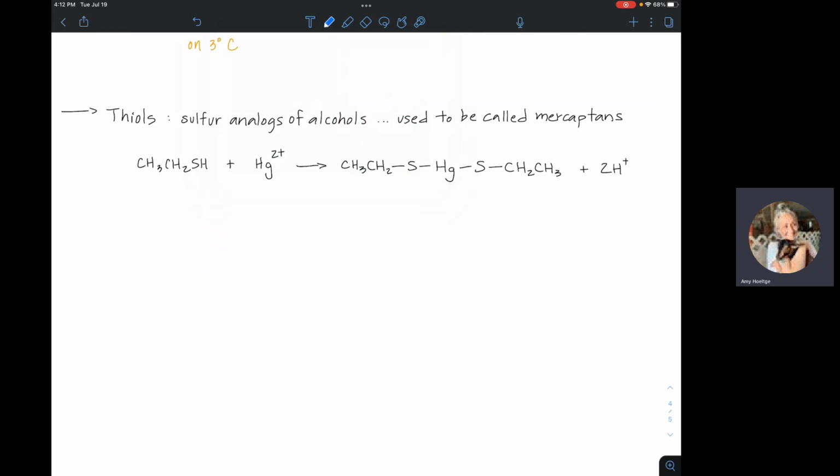Here's your thiol, or a thiol, I should say, the sulfur analog of an alcohol. Here's your mercuric ion. And this is your thiol mercury complex.